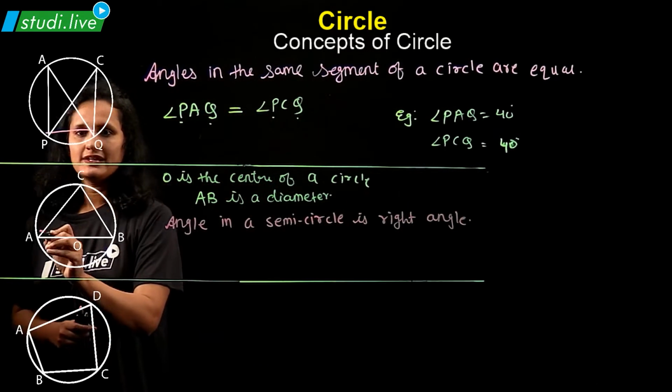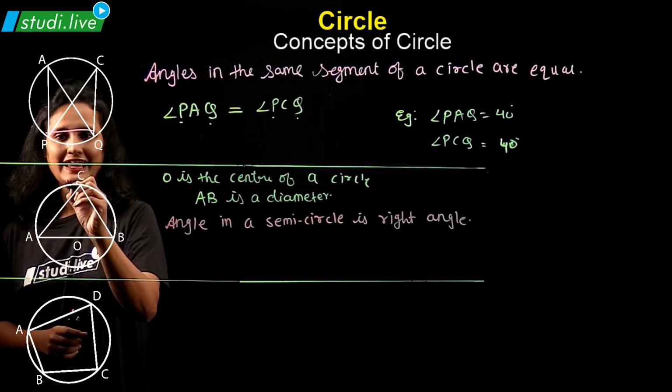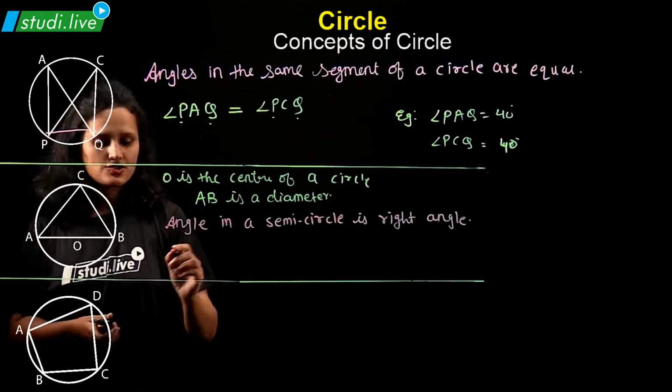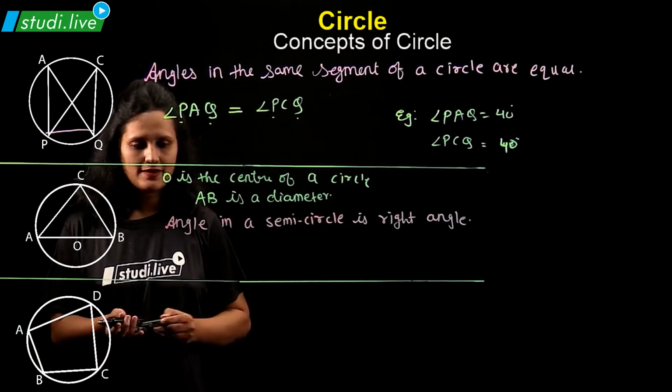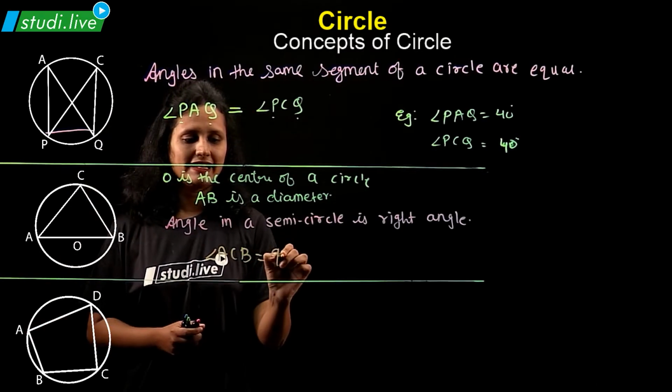So AB is a diameter and the diameter is forming angle ACB on a circle. So angle ACB is a right angle. It means it is 90 degree.